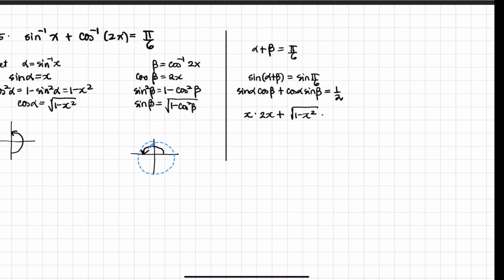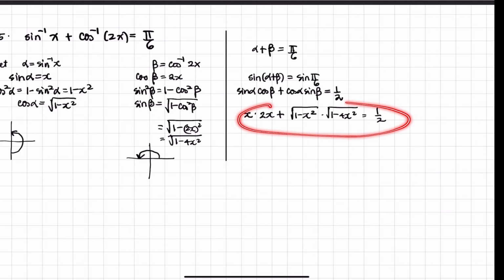Sige, singit na lang natin, 1 minus 2x square. Square root ng 1 minus 4x square. Okay, so pinlug in natin yung cosine beta doon. So, square root ng 1 minus 4x square equal to 1/2. At ayan, naging ano na siya. Yan yung equation natin sa first part ng Math 20, diba? Na may mga radicals.